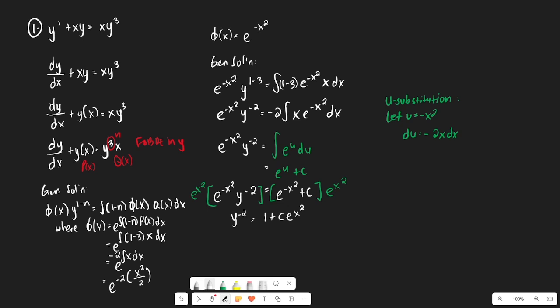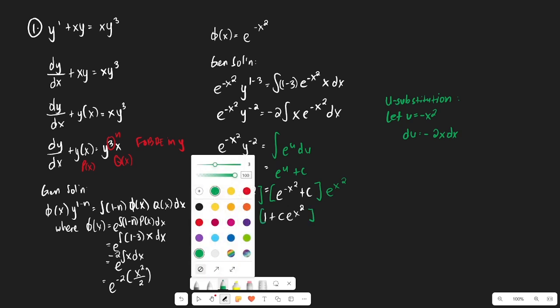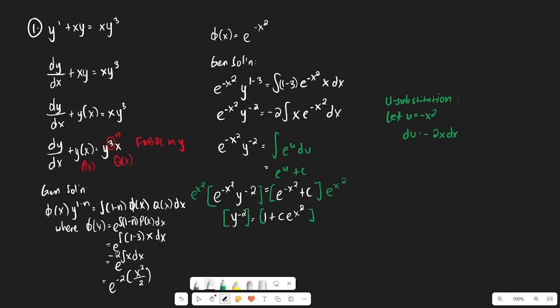But if you want to, you can multiply both sides by y raised to positive 3.